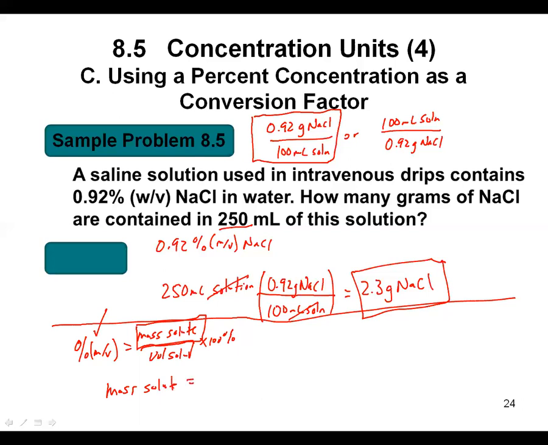It would be the volume of solution times the percent mass to volume divided by 100%. Math-wise, it ends up being the same. You'd get the exact same answer, because this would be 250 in our example, this would be our 0.92, and then that would be 100, which are the exact same numbers we had when we did it the conversion factor way.